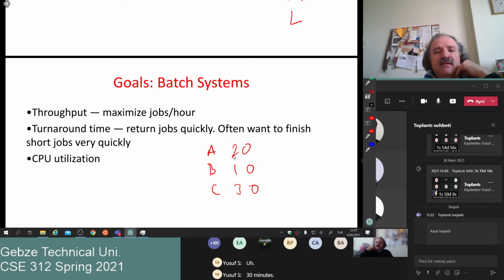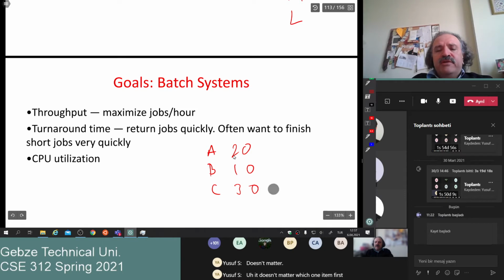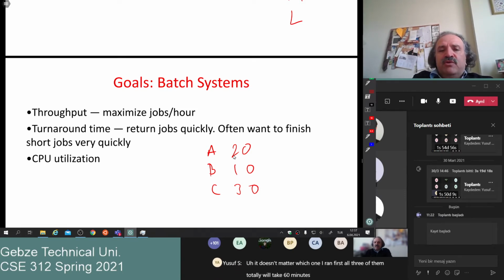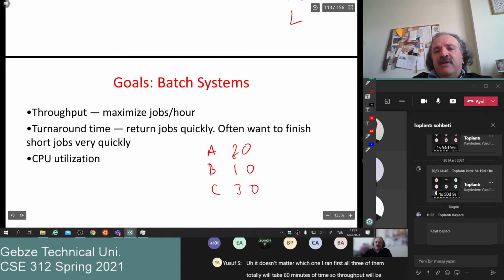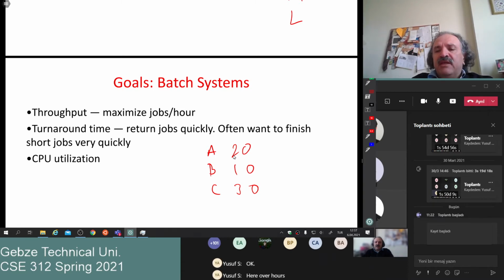It doesn't matter which one I run first. All three of them will take 60 minutes in total. So throughput will be 3 per hour. Three jobs per hour. That's the throughput.